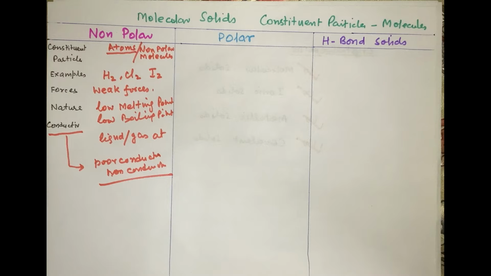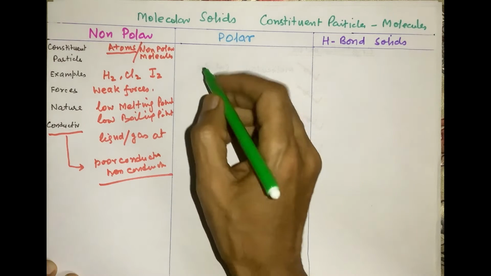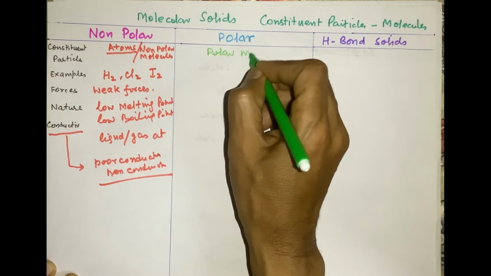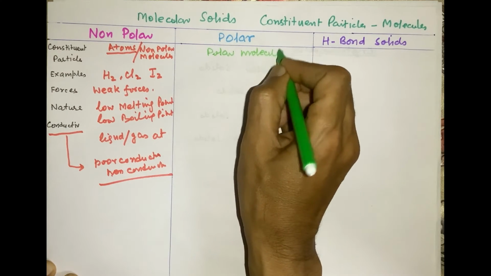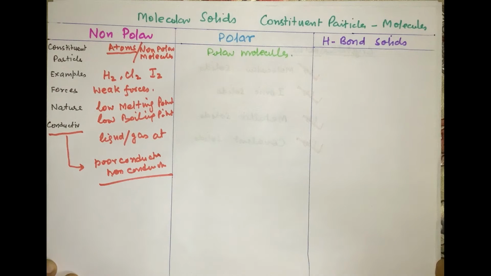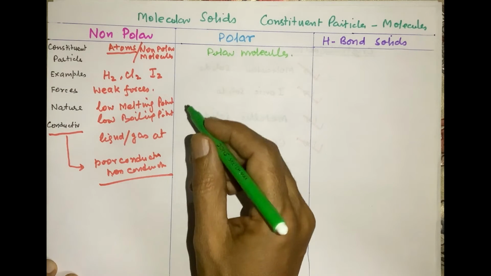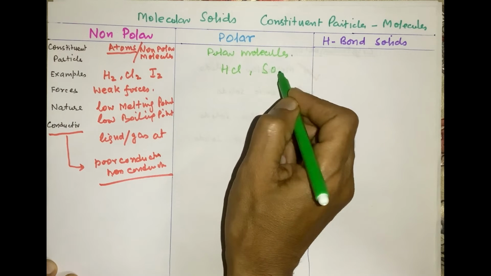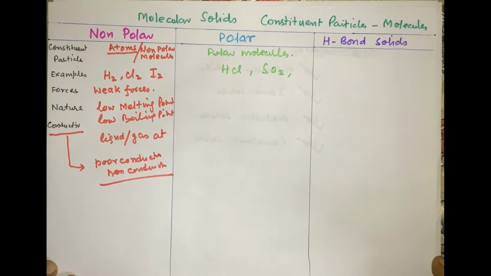Polar solids: the constituent particles are polar molecules, and examples of these are HCl and sulfur dioxide solid.